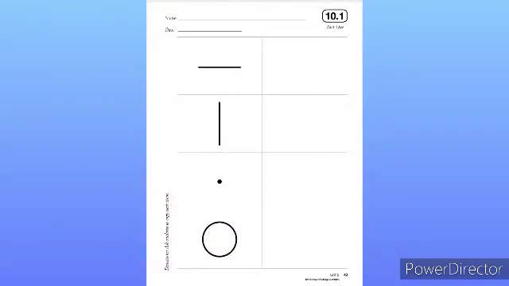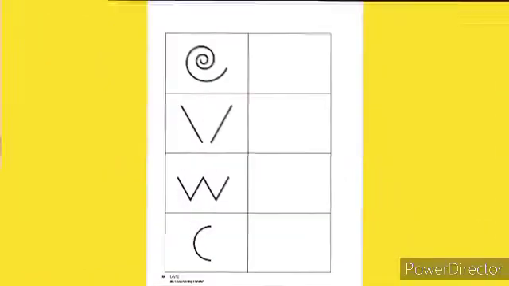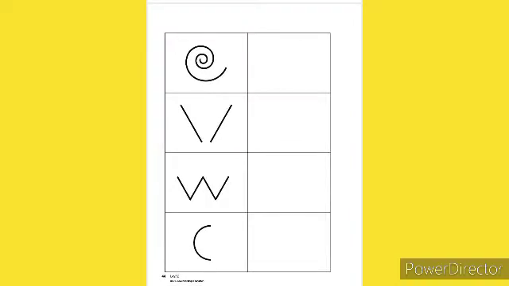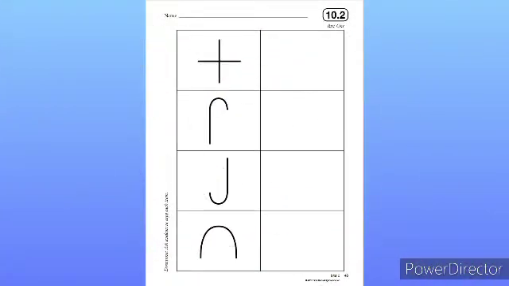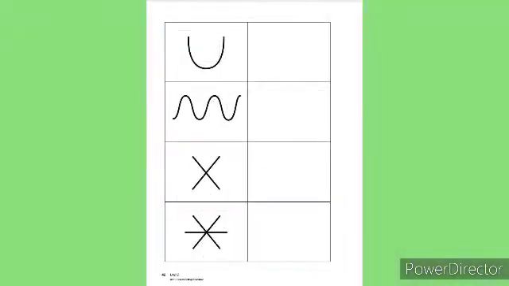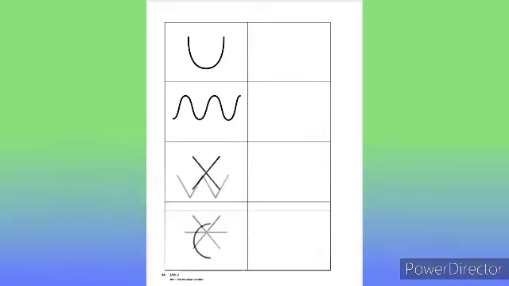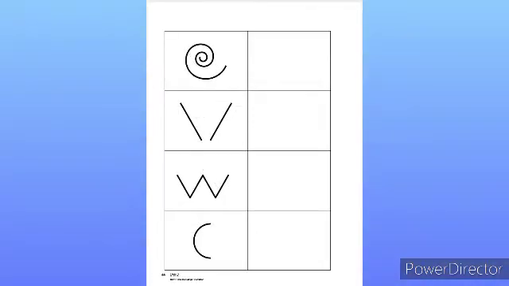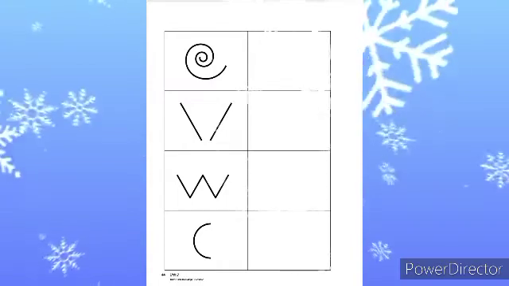You are asked here to copy each of the items. This also applies to Lesson 10.2. I'm sure you know how to draw your spiral line, your zigzag line, your wavy line, the cane shape, and of course the hook. I know you can do it.